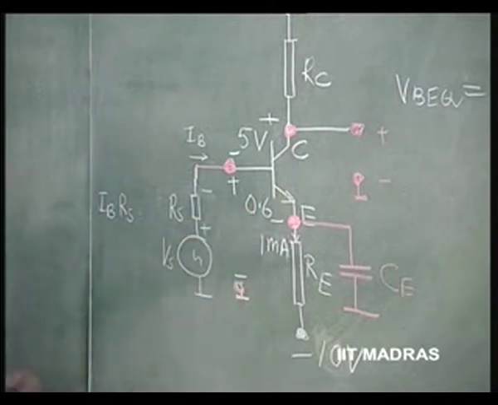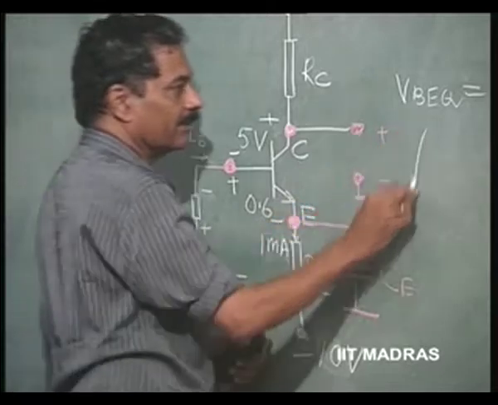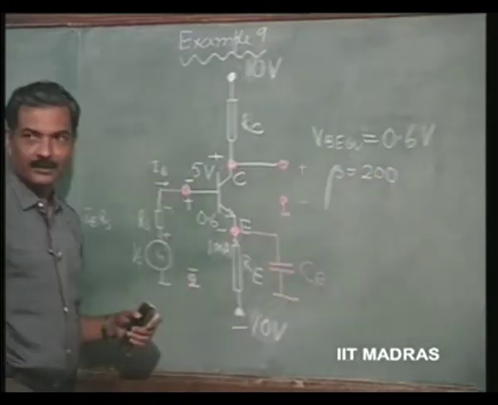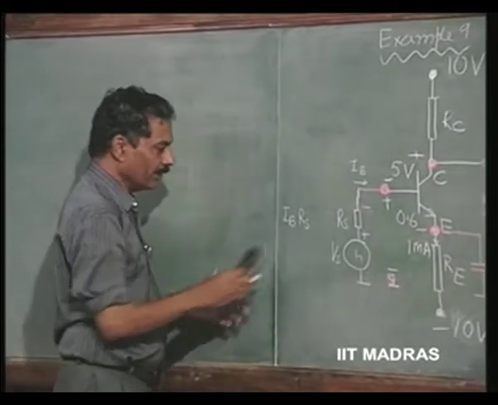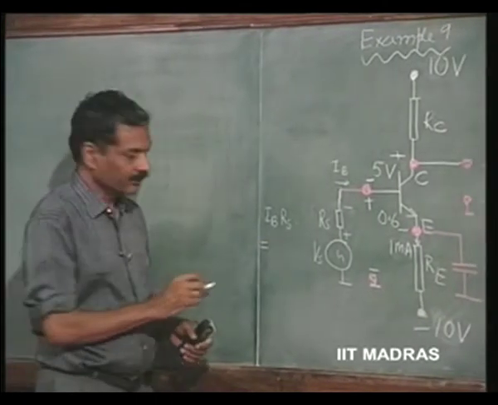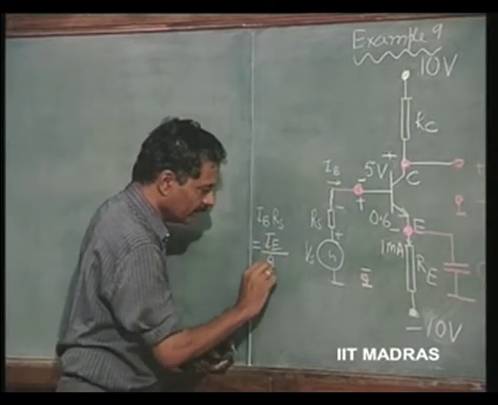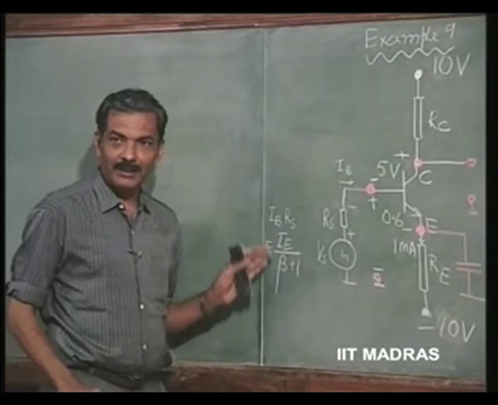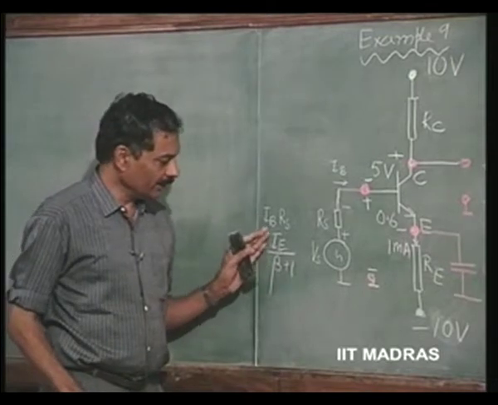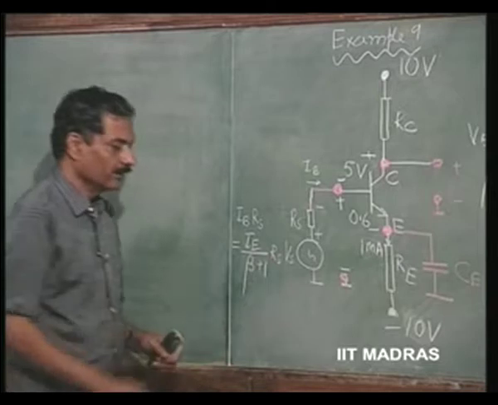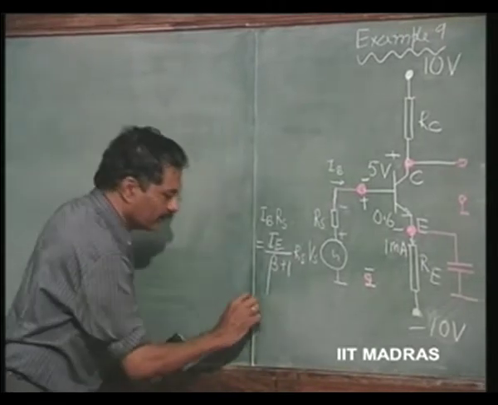So, how do you know this drop? If you know the beta of the transistor, let us take beta is assumed to be about 200. Then this IB into RS is same as IE divided by beta plus 1, multiplied by RS.